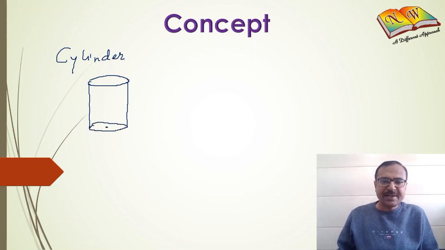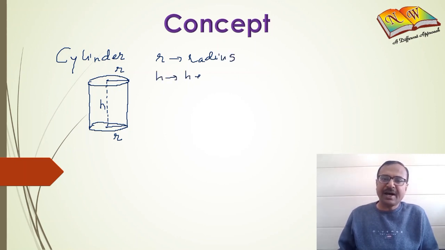The two bases have a common radius, that means the same radius, and the vertical distance between the centers of the two circles is the height. So we have two dimensions, r, the radius of the cylinder, and h, the height of the cylinder.